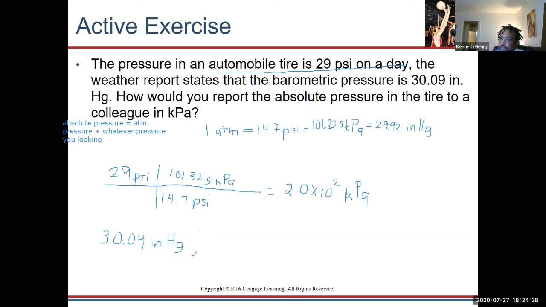Okay, so I can do the same thing I did right above, only now I use inches of mercury.